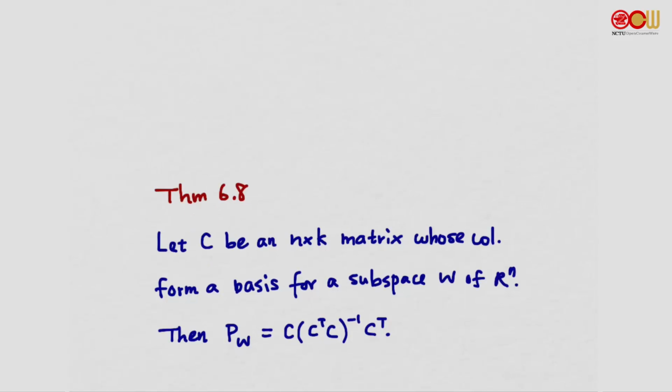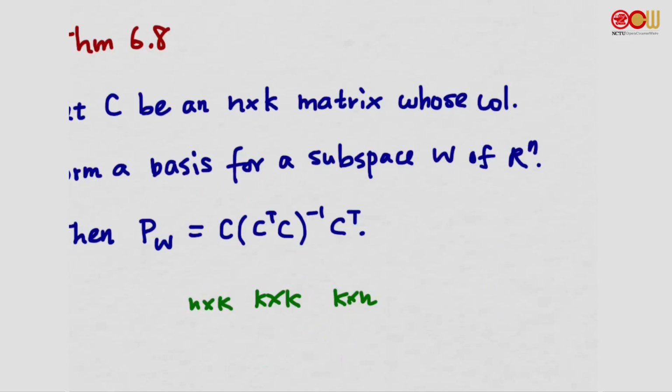Thus, C transpose C would be K by K, because C transpose is K by M and C is M by K. So size-wise, this is how it goes.